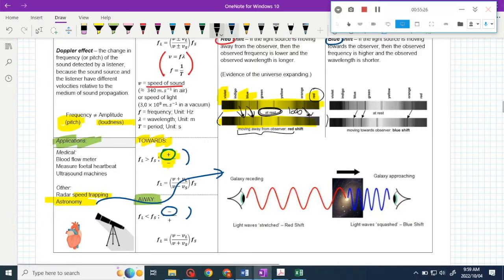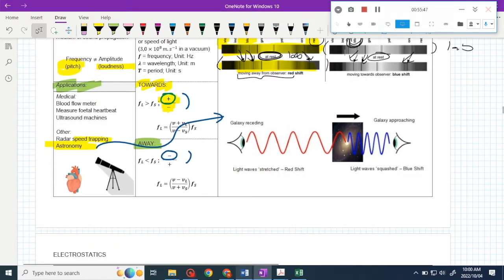You check to see, here is the diagram at rest or in the lab. You check to see, do those dark lines move towards the blue side? Not left or right, the blue side or the red side. Okay, because they can switch them around. If it moves towards the blue side, you know that it is a blue shift. Okay, if you look at this diagram, you can see, as it moves towards, what happens is the waves are squashed together.